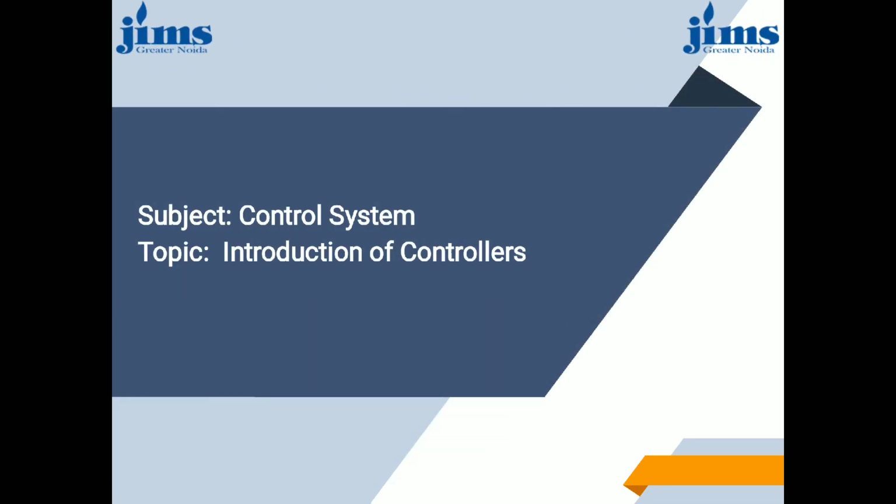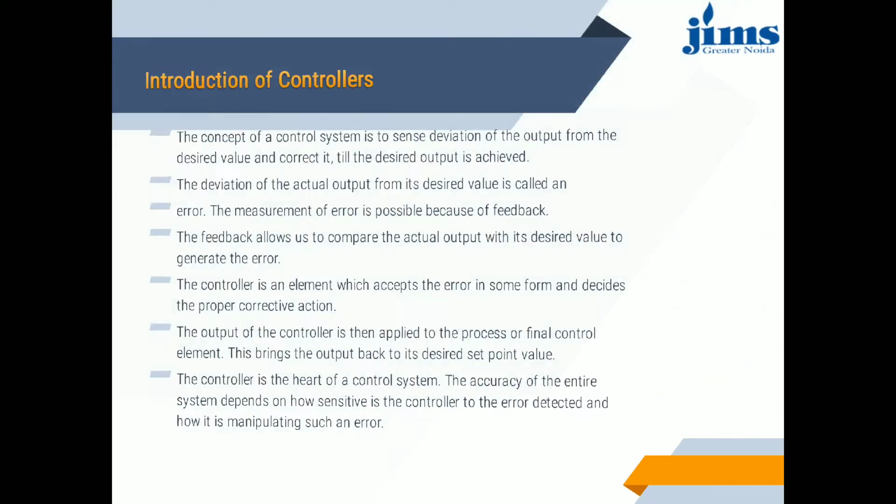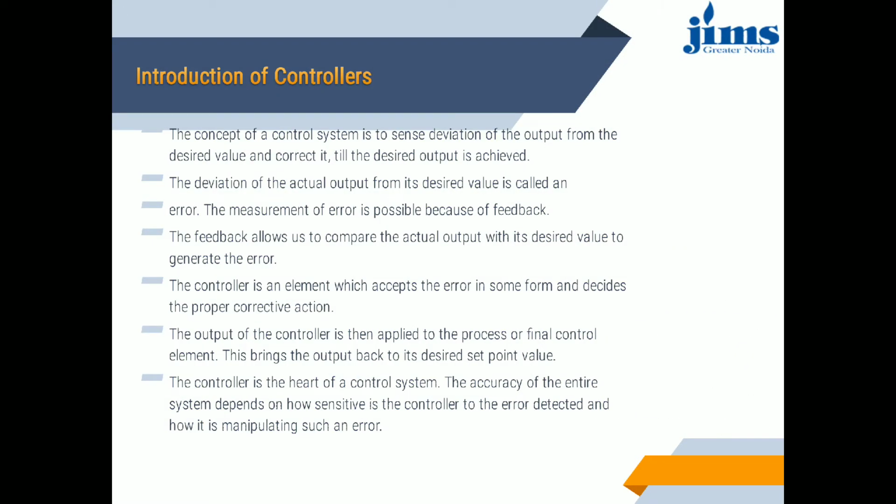Introduction to Controllers. The automatic controller determines the value of the controlled variable, compares the actual value to the desired value, that is the reference input, determines the deviation, and produces a control signal that will reduce the deviation to 0 or to the smallest possible value.